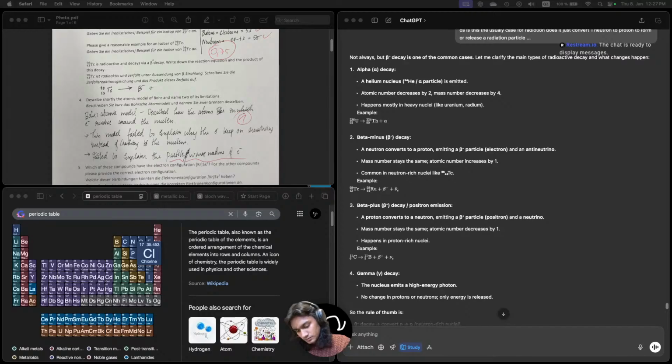Proton to neutron, emitting beta plus and the neutrino.